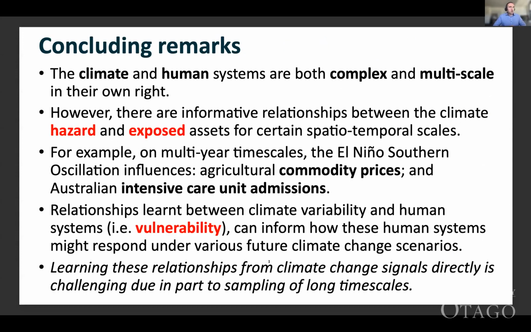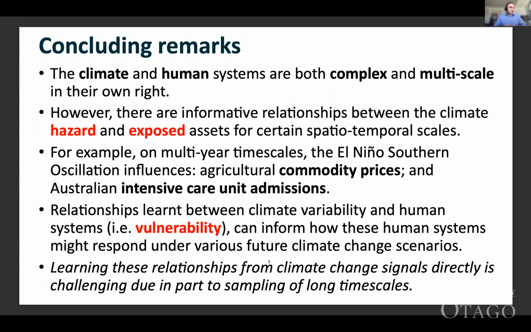So just some concluding remarks. The climate and human systems are both complex and multi-scale in their own right. However, there are informative relationships between the climate hazard and exposed assets for certain spatiotemporal scales. For example, on multi-year timescales, the El Nino Southern Oscillation influences agricultural commodity prices, and the Australian Intensive Care Unit admissions.